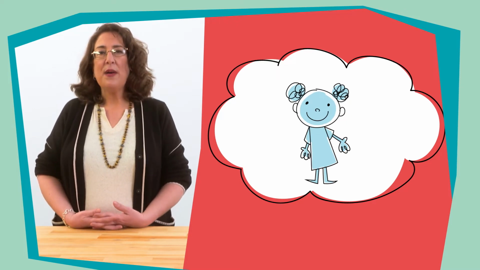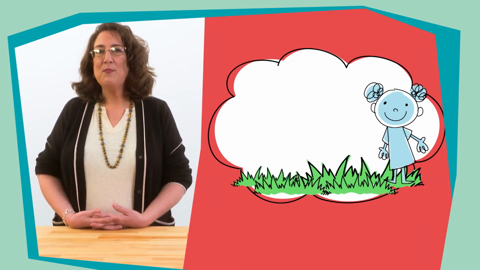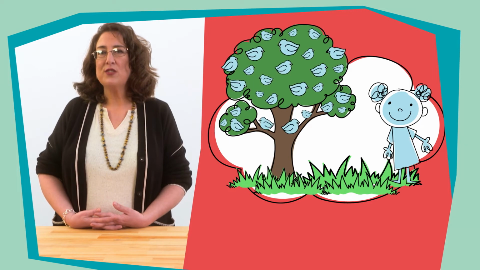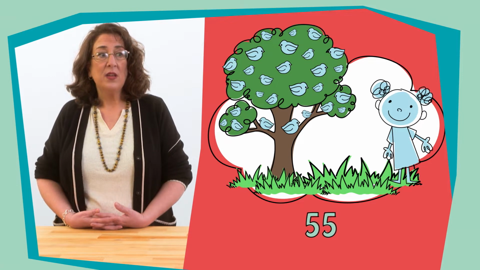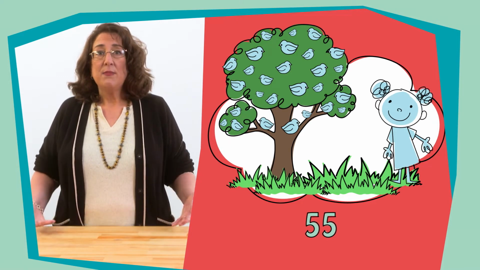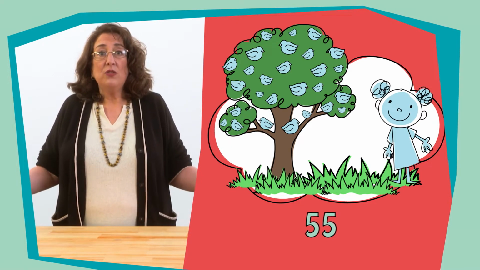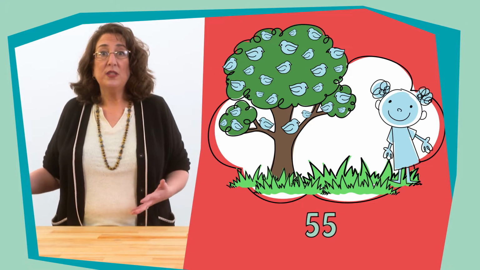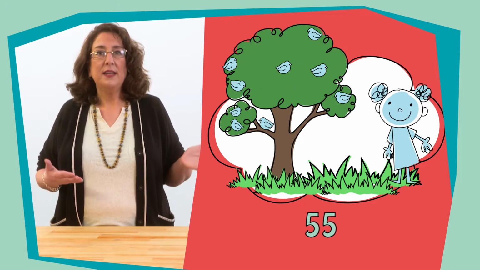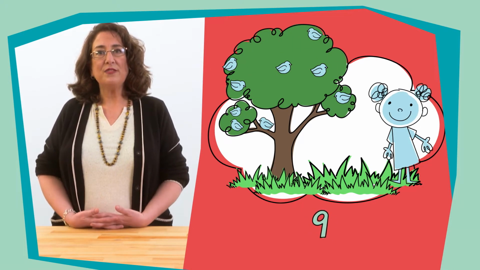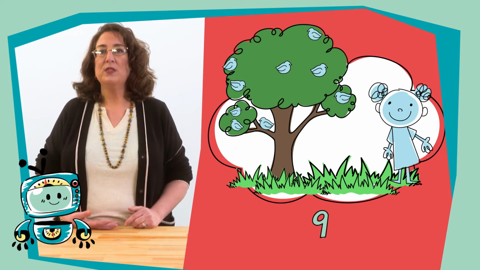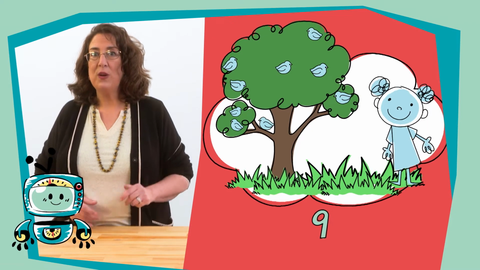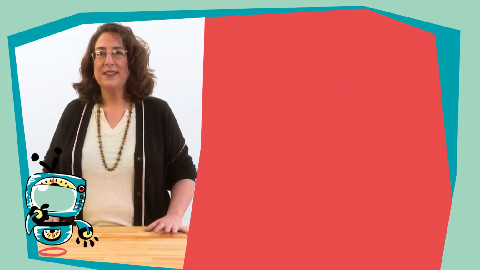So I'm going to imagine that Moesha is at the park counting birds in the trees. She counts a total of 55 birds when maybe there was a loud noise that startled the birds, causing most of them to fly away. And now only 9 birds are left in the tree. And I want to know how many birds are in that group that flew away.